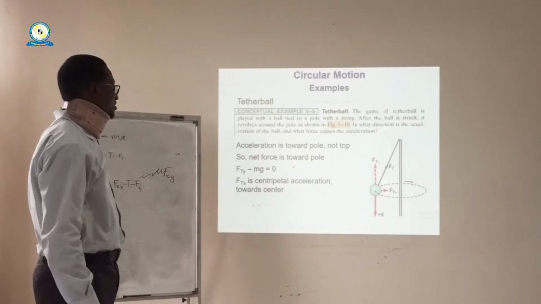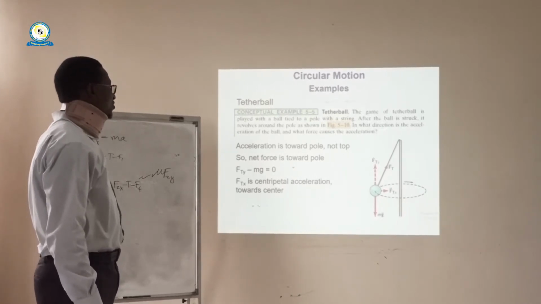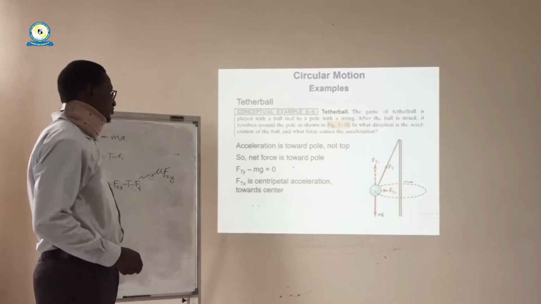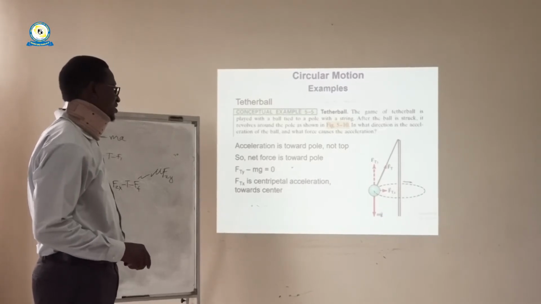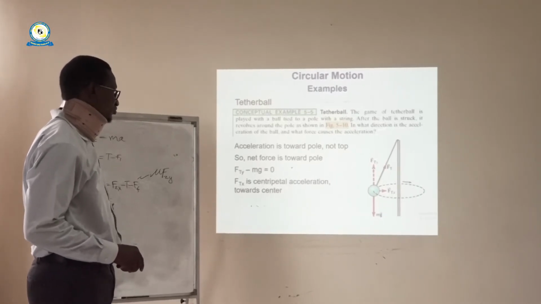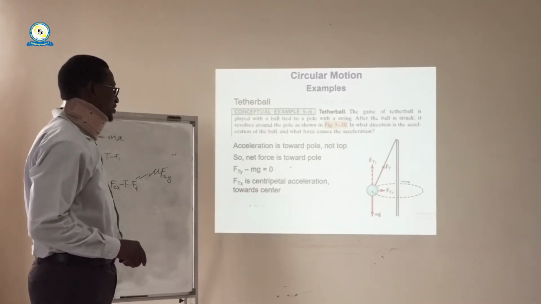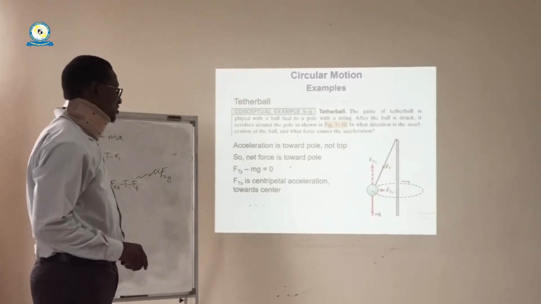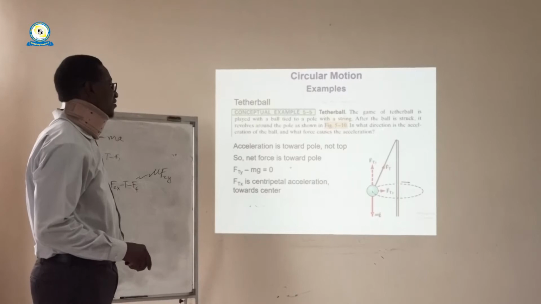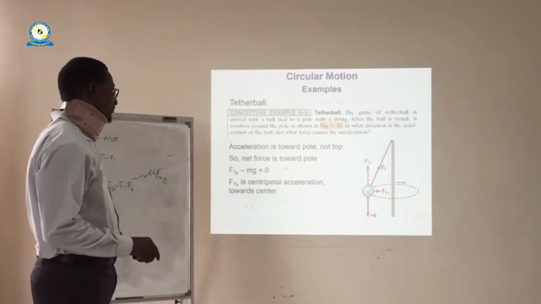In what direction is the acceleration of the ball, and what force causes the acceleration? Force is toward the center because the circle is there. Here in our free body diagram, you can see there is an mg weight force and the tension in the rope, Ft.